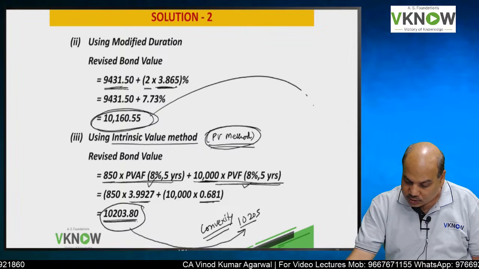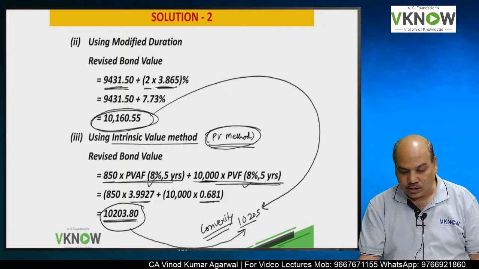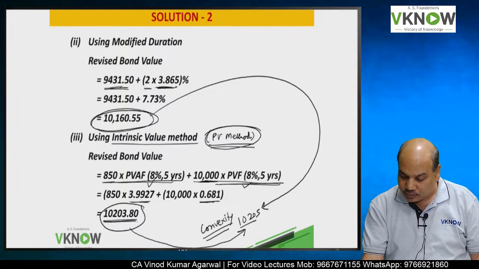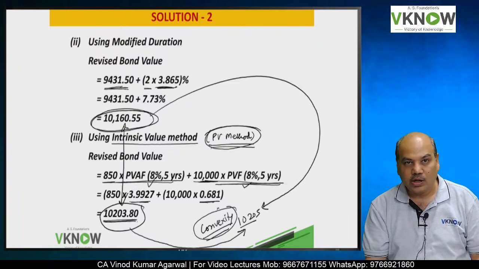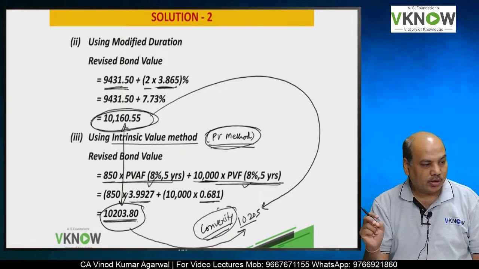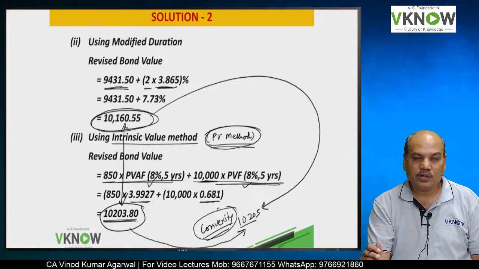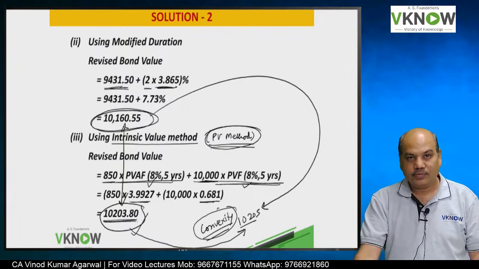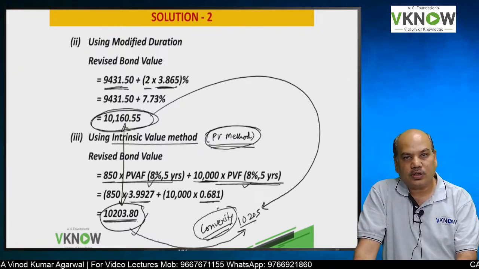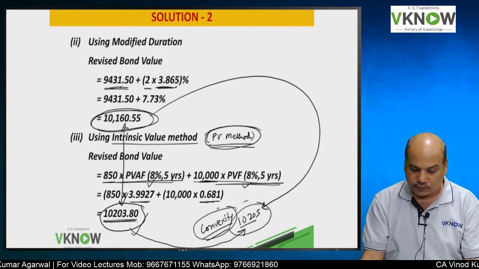But if you look at the answer by Macaulay's duration method, that answer has more difference compared to the answer we arrived at by the convexity method. So I hope you are convinced now that the formula and the process that we have used is correct. So don't worry, you can follow this and solve in this manner in the exam, and here is the proof that the formula is right.